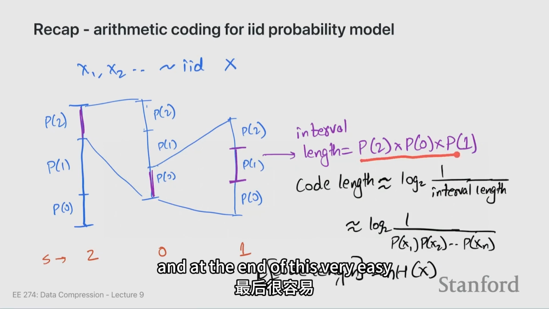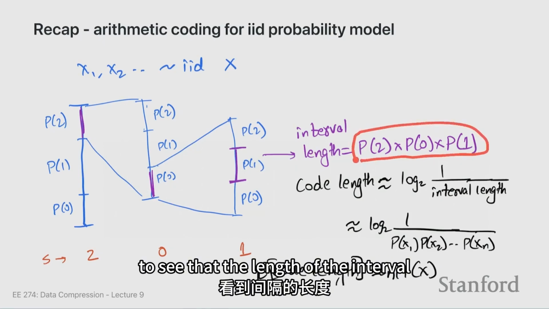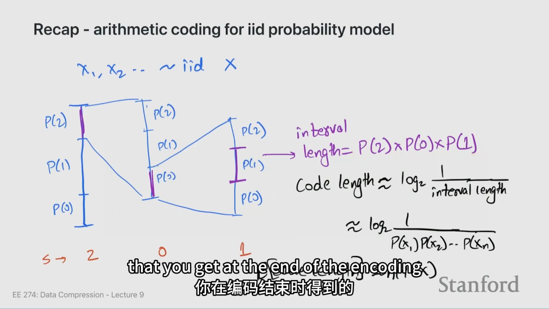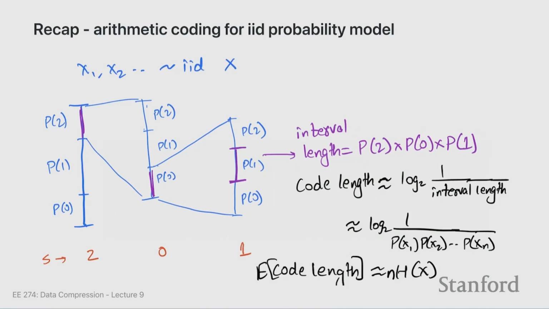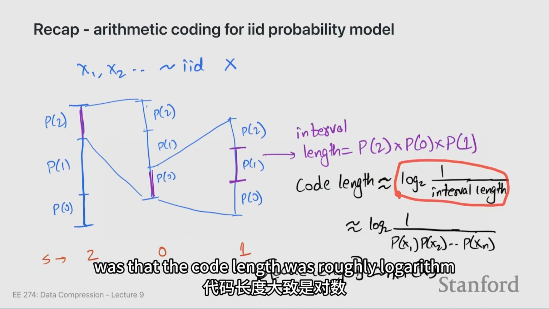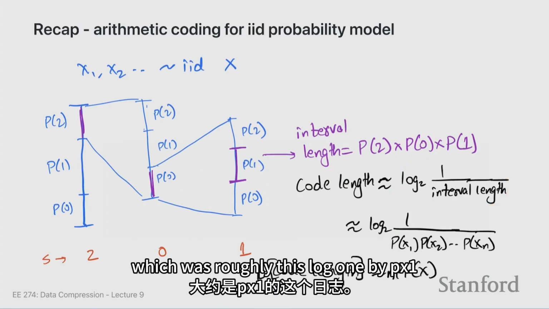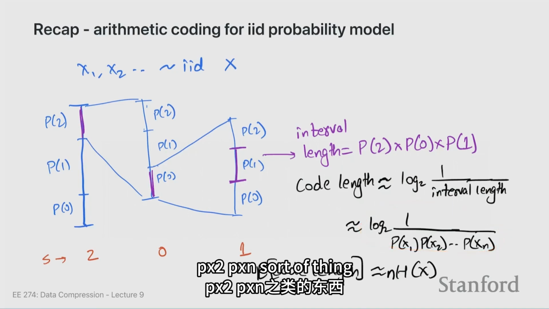And at the end of this, it is very easy to see that the length of the interval you get at the end of the encoding is simply the product of the probabilities. And the way we did the encoding in bits was that the code length was roughly the logarithm of 1 by the interval length, which was roughly log 1 by p(x1)p(x2)...p(xn).